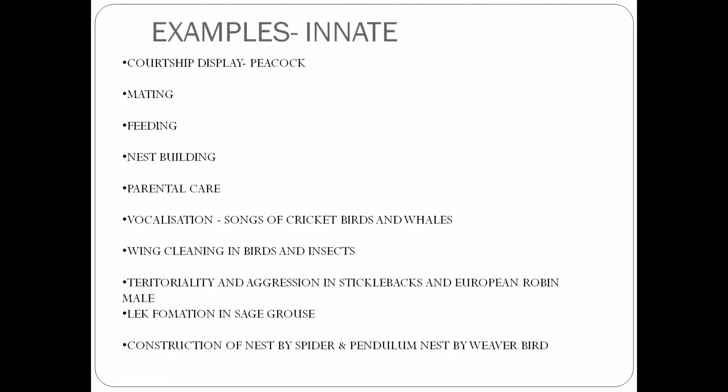It is built in, and the male peacock does it by itself when the mating season arrives and the organism is an adult. The process of mating is inbuilt, and the male and the female display it without any learning from the conspecifics.